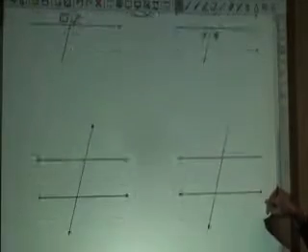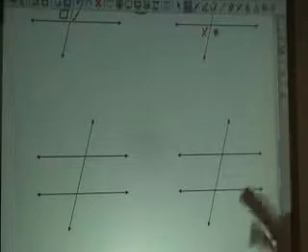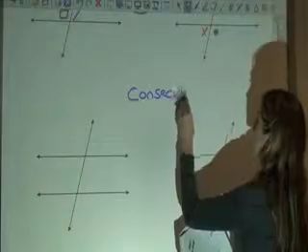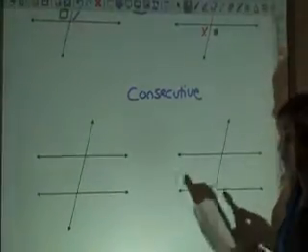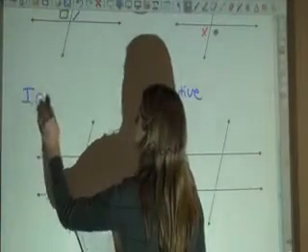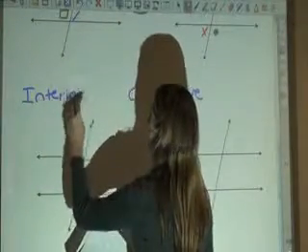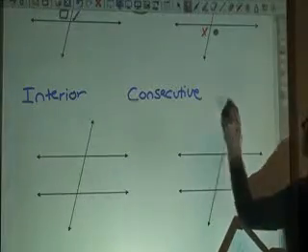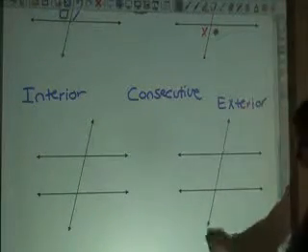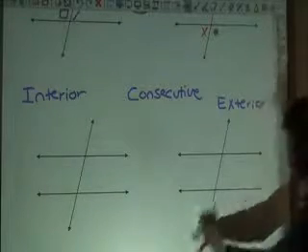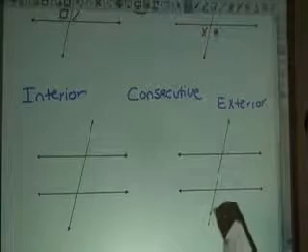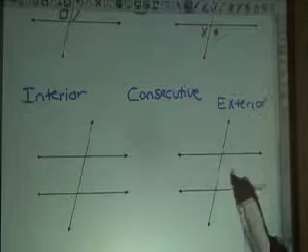Moving on, we're going to talk about our consecutive. And again, we have consecutive interior and consecutive exterior. The important thing to know about consecutive interior and consecutive exterior angles is that they are not congruent.